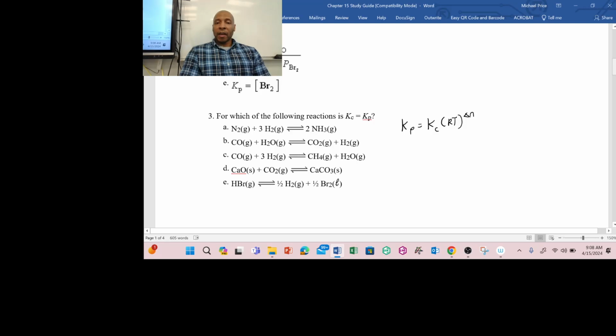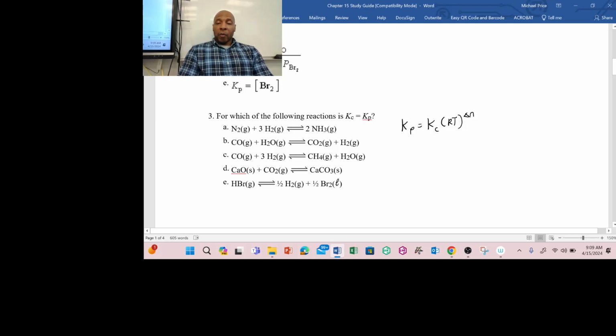Okay, y'all remember that? Now, of course, the only time the Kp is going to equal the Kc is when the delta N is 0, because guys, anything raised to the 0 power is equal to 1, right? So if I raise RT to the 0 power, it's going to be equal to 1. So then Kp is going to equal Kc. Y'all see that, right?